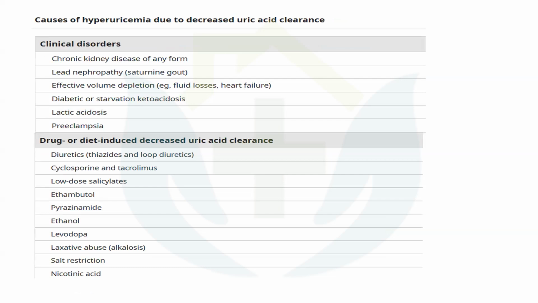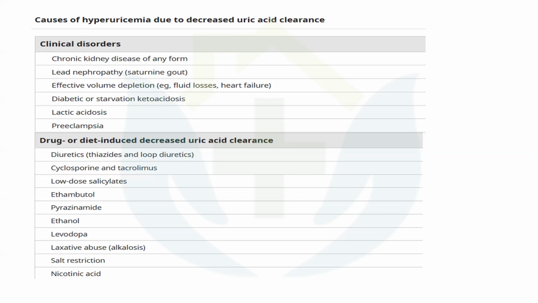One more important reason is decreased uric acid clearance. That is either from a clinical disease like chronic kidney disease or any nephropathy, diabetes, lactic acidosis, and even eclampsia. In all these cases there is decreased uric acid clearance, and you usually find a high urea level.